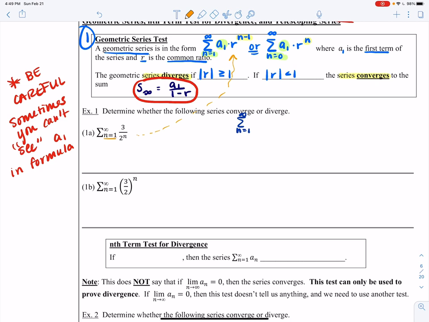Let's plug 1 into our formula. I've got 3 over 2 to the first power. If I plug in 2, I've got 3 over 2 to the second power, or 3/4. If I plug in 3, I've got 3 over 2 to the third power, so 3/8. And so here's my series.